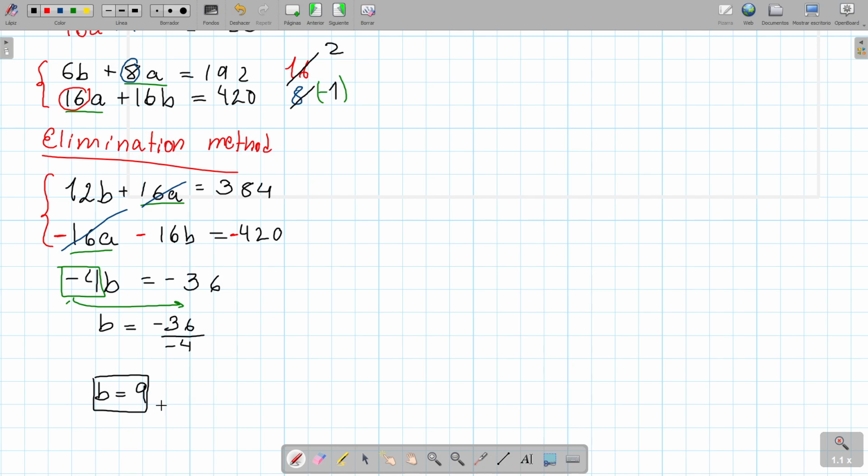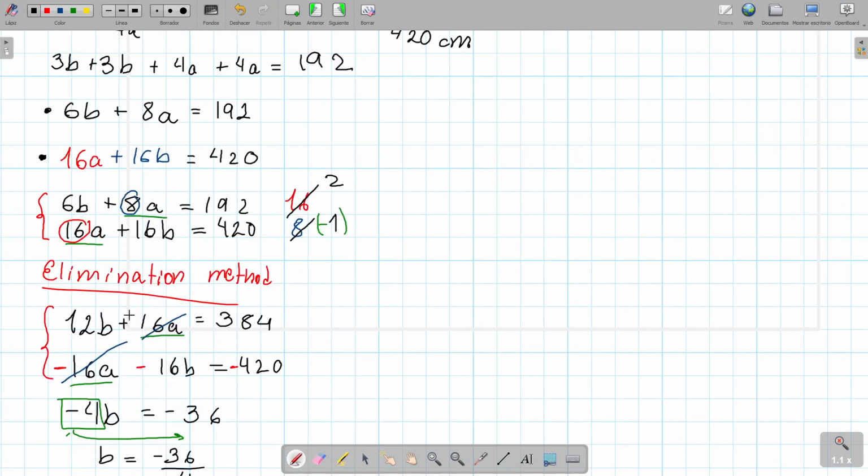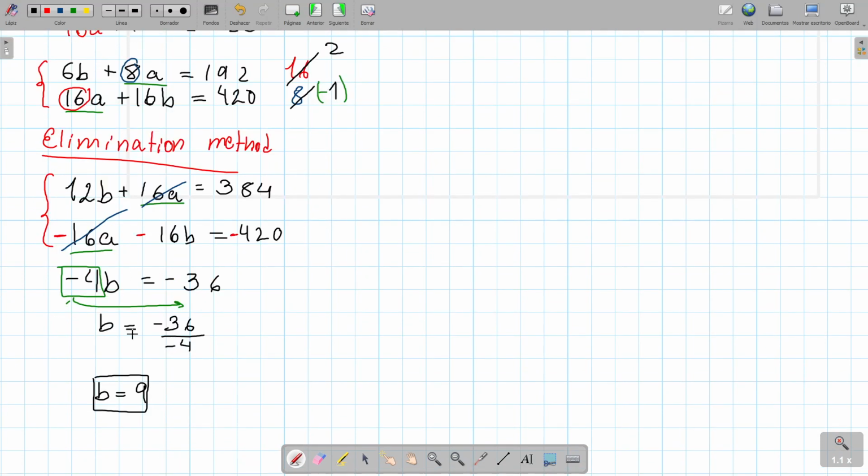Now that we have the length of b, 9, what are we going to do? I'm going to take any of these equations and replace the value of b. In this case, I will use the first one: 6b plus 8a equals 192.